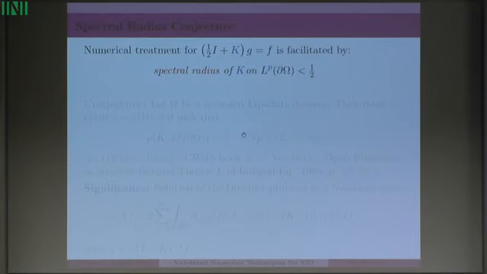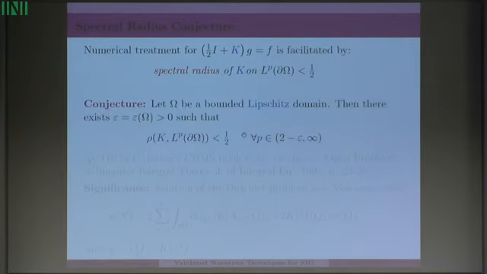In order to transition to some numerics, I want to say that the numerical treatment for solving the integral equation 1/2 identity plus K applied to g is facilitated by having the knowledge that the spectral radius of the operator K on L^p is strictly less than 1/2. In fact, this is actually an open problem in the class of Lipschitz domains, even for the Laplacian.